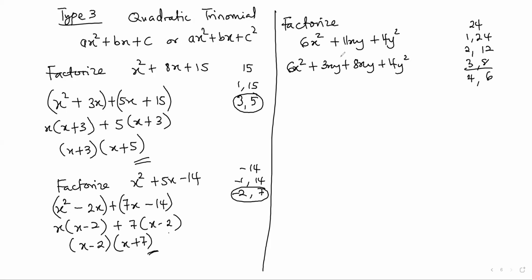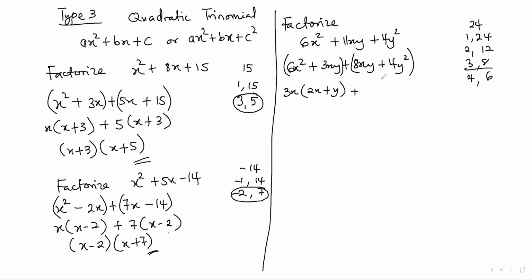Okay, so we group them pairwise. And so we look at what is common. What's common is 3x. So we're left with 2x plus y.